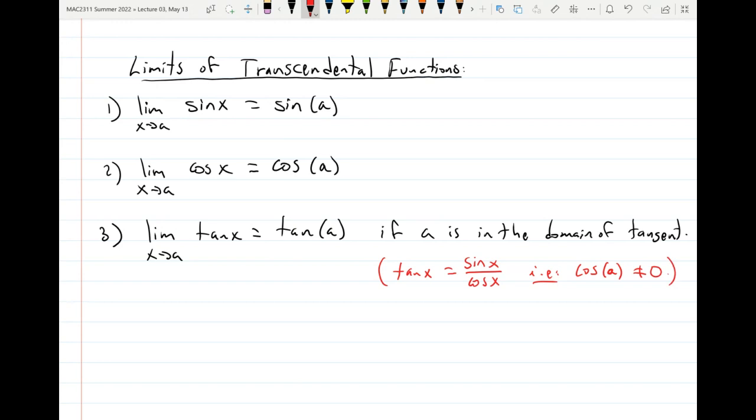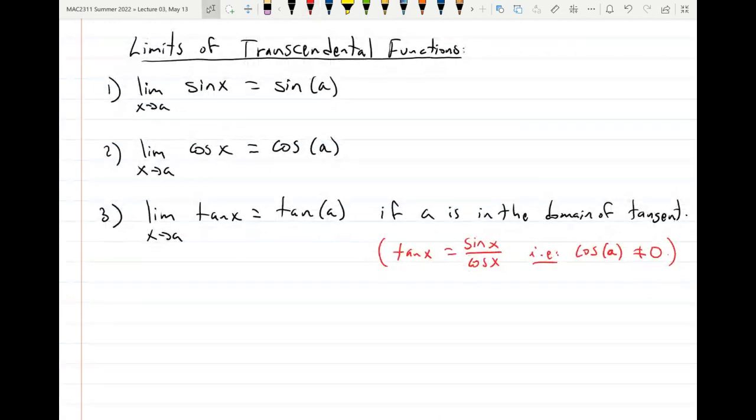Because the domain of the tangent function is all those values of x for which cosine is different than 0. So you just plug in as long as the point that you're approaching is part of the domain of the function. And then similarly for secant, cosecant, and cotangent. All the functions that are defined like a fraction, you always have to be careful with this.